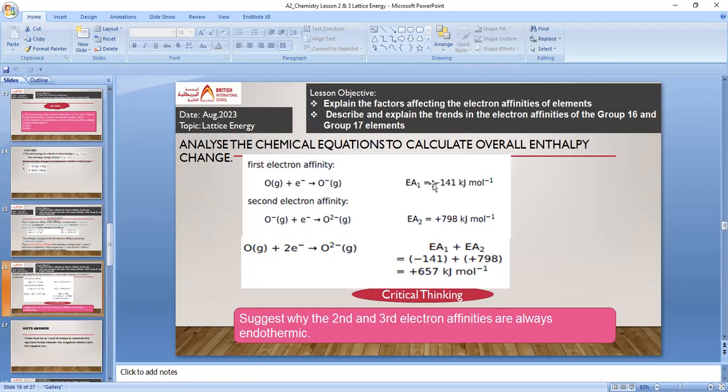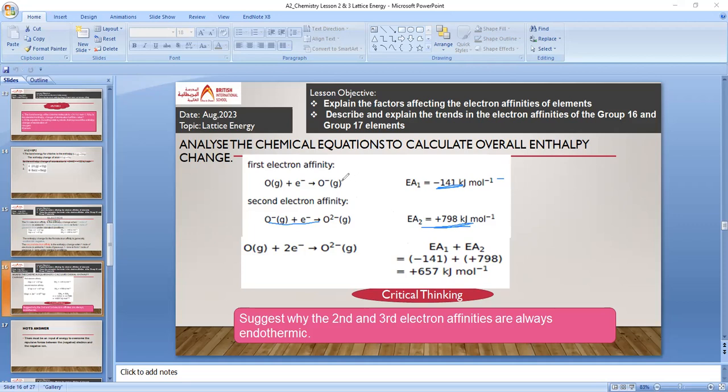First electron affinity of any atom is negative, more exothermic. You can see negative 141, of course, because more energy is released, and the other one is endothermic. It is positive, meaning energy is not released but absorbed.